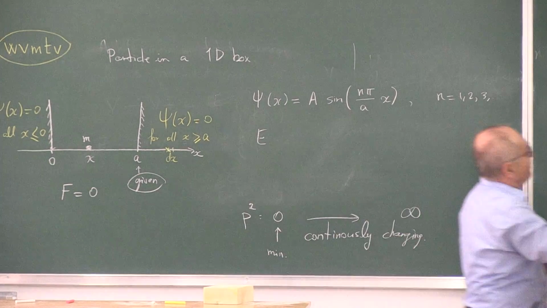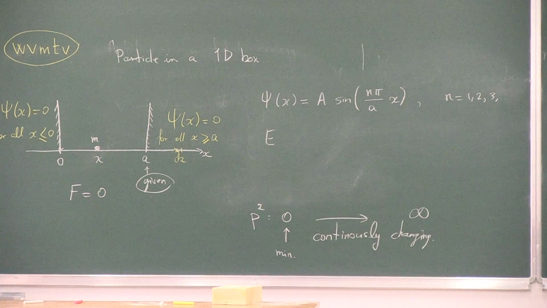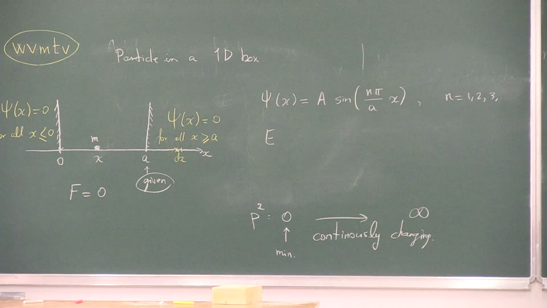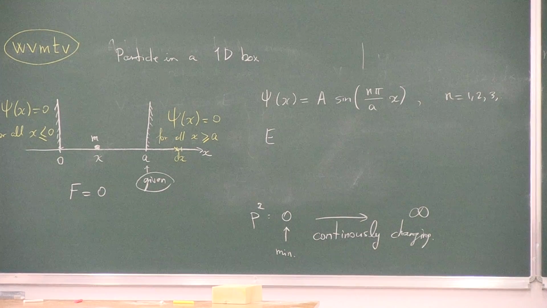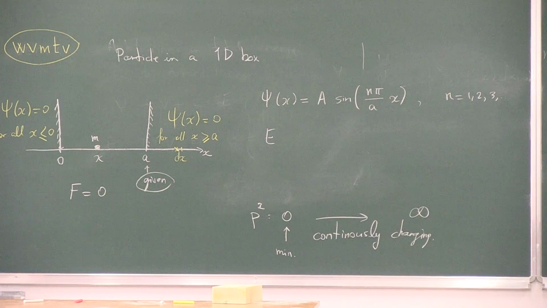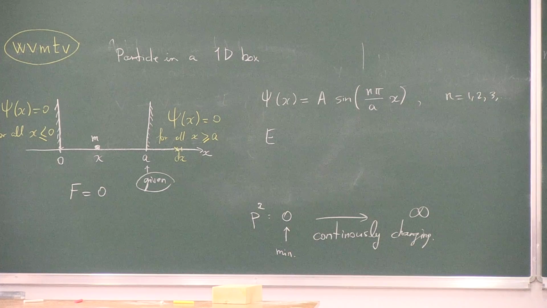Remember, we had defined this symbol as 2 times m e over h bar square. Therefore, energy values are h bar square k square over 2 times m.